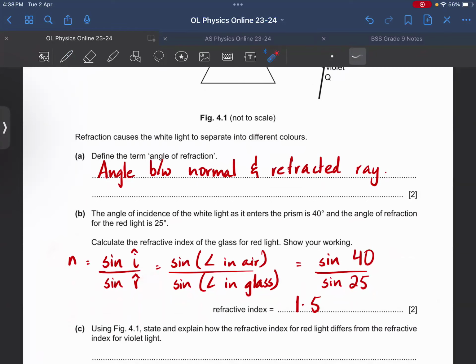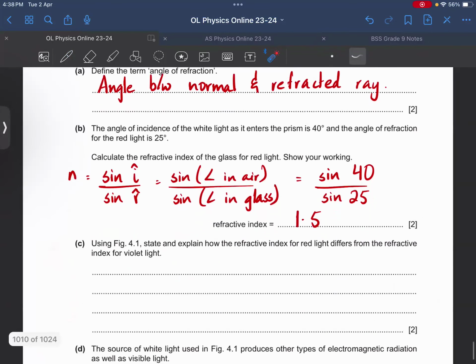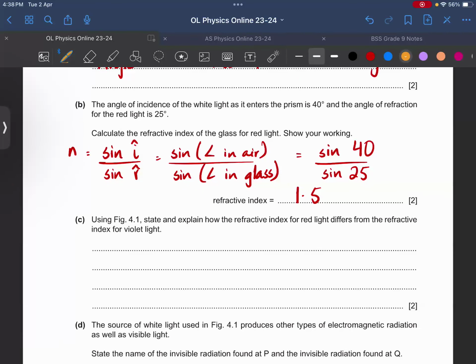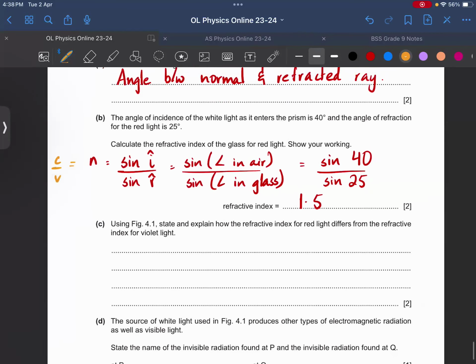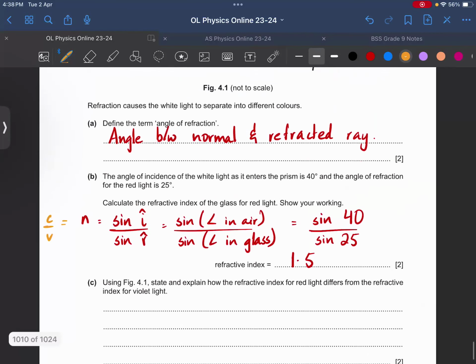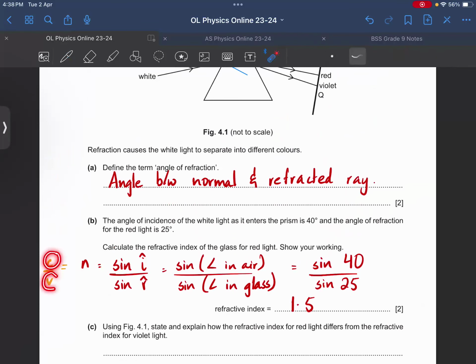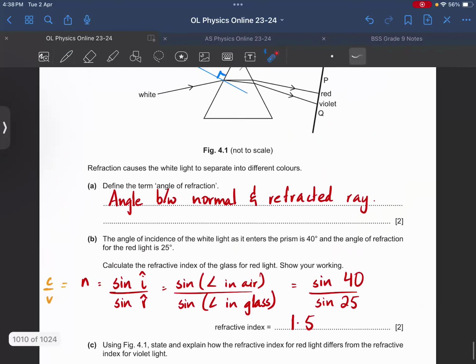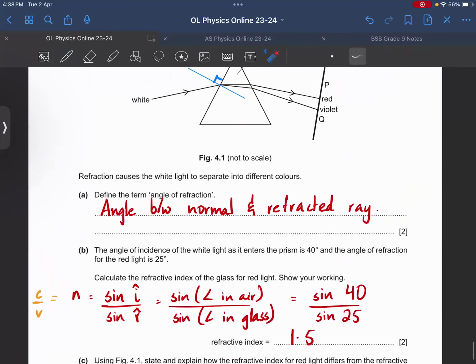This is one way to talk about this. Another way to talk about this is also using this formula, if you remember. n equals c over v. ये भी एक और तरीका है। इसमें आप ये कह सकते हैं कि आपको पता है c is the speed of light in air, v is the speed of light in some given medium. आपको पता है red क्यों कम bend करता है?